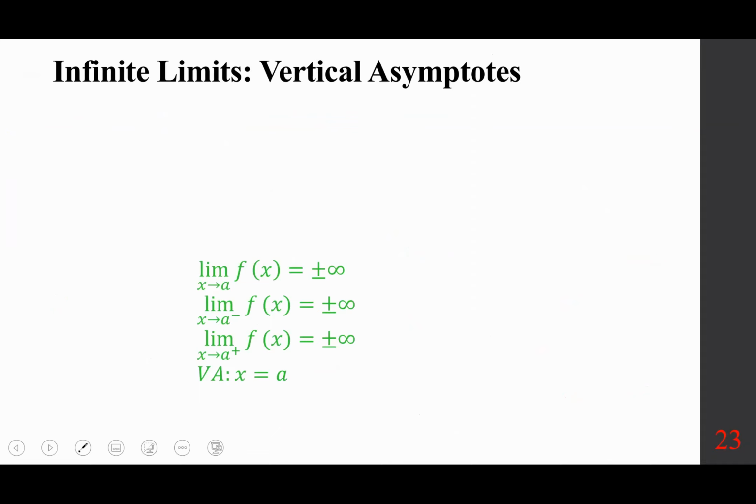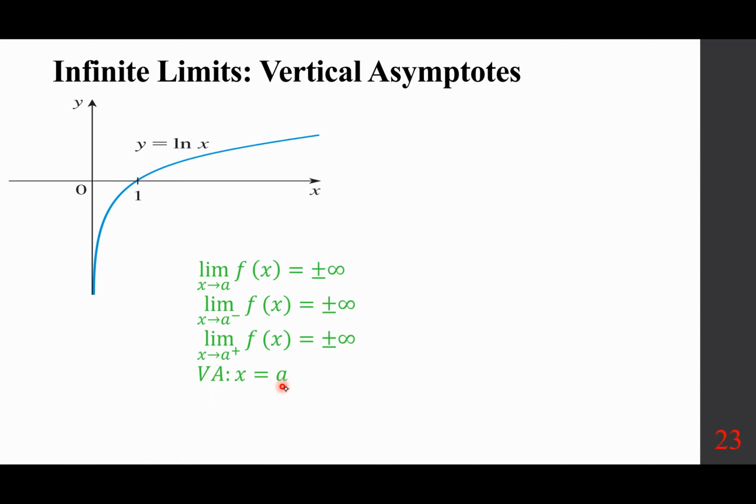Definition of a vertical asymptote: when we take a limit of f of x as x approaches a, whether from the left or from the right makes no difference, if it ends up being positive or negative infinity, then we have a vertical asymptote x equals a. That's by definition.